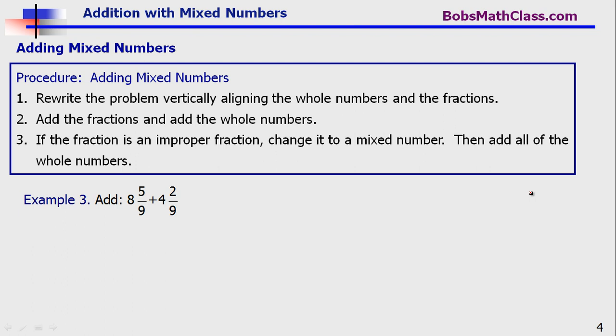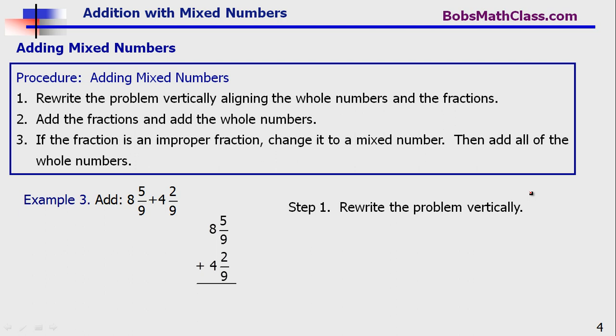Okay, we'll write it vertically. Now, do we need to find equivalent fractions, or can we just go ahead and add the two fractions? Right. The denominators are already the same, so we could go ahead and add the fractions. 5/9 plus 2/9.